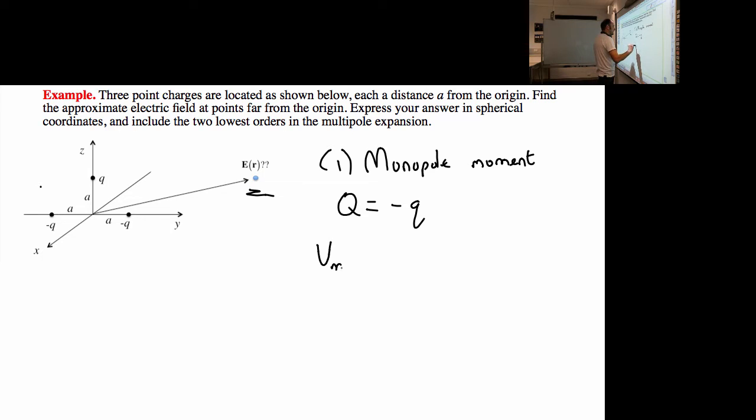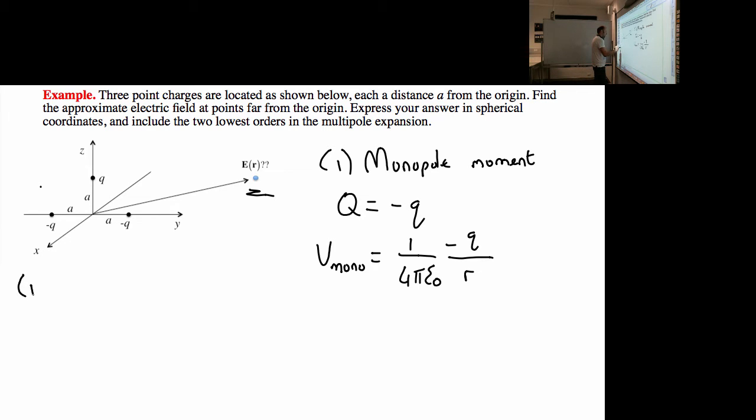So the monopole potential is going to be equal to 1 over 4 pi epsilon naught by minus Q divided by R. Okay, so that's the first bit done.